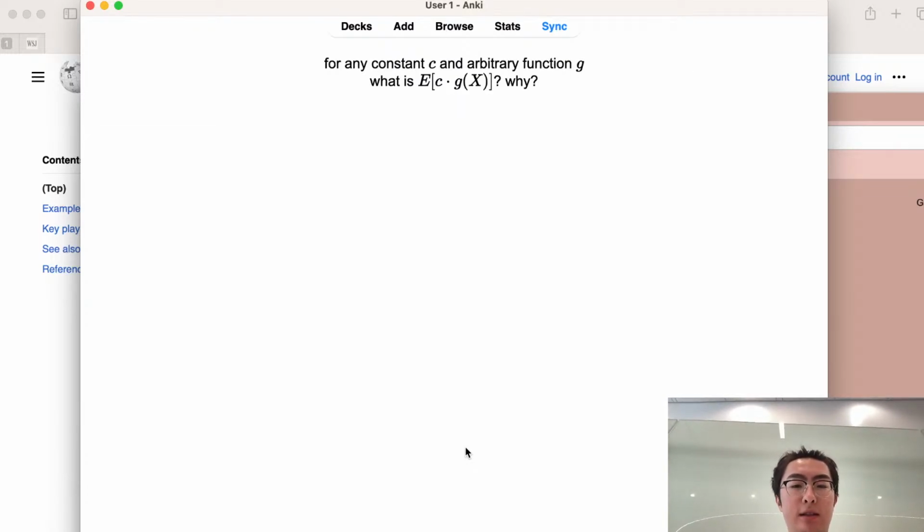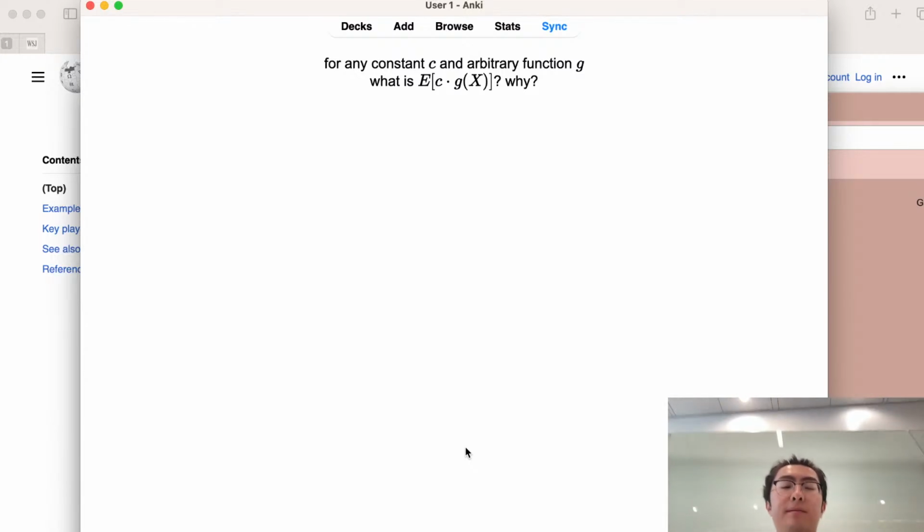For any constant c and arbitrary function g, what is the expectation of c times the function of x? When we have the expectation of c times g of x, it's just equal to c times the expectation of g of x. I think the big idea here is that c itself is just a constant, so you have the property where g of c times x is equal to c times g of x.